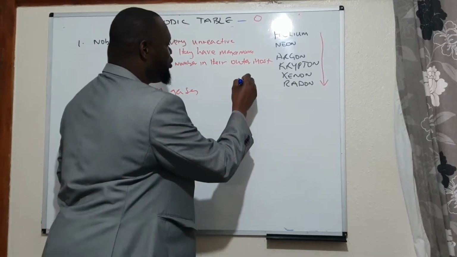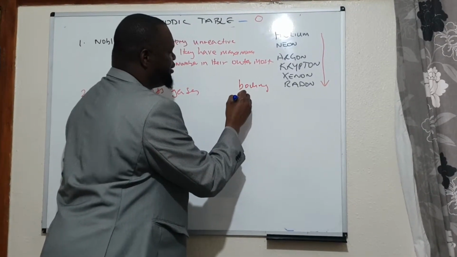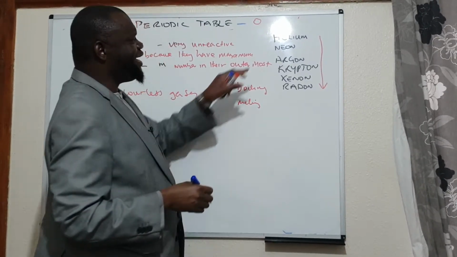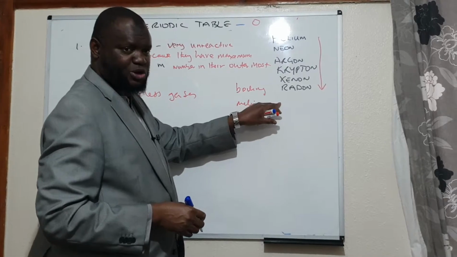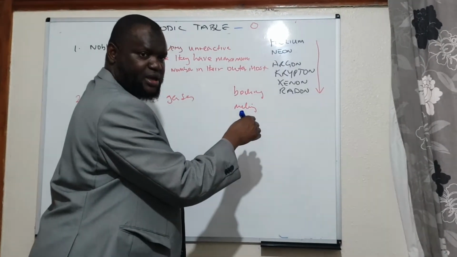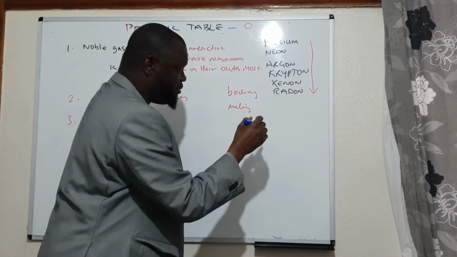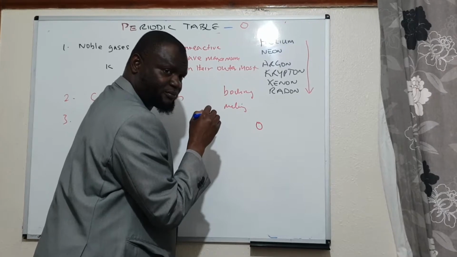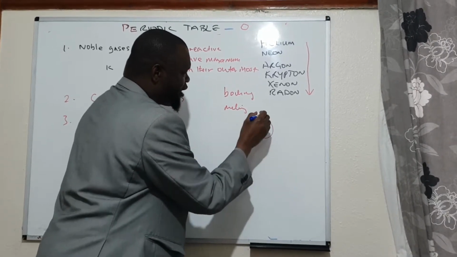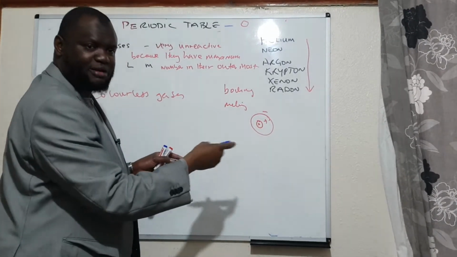What you can talk about is the boiling point or the melting point, and you expect each of these to increase down because the atoms are becoming bigger and bigger. Even though they are inert gases, there's still a positive proton and negative electrons around it. So there are still intermolecular forces in it.